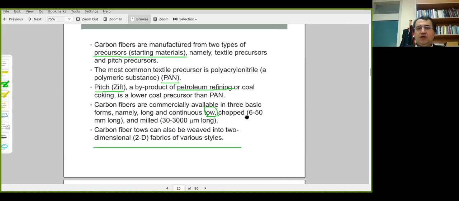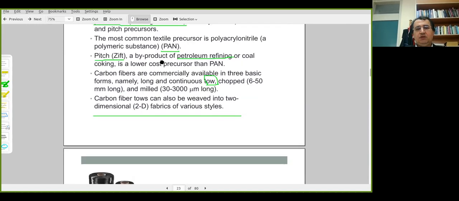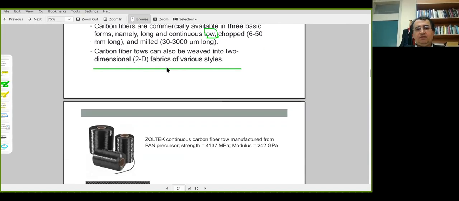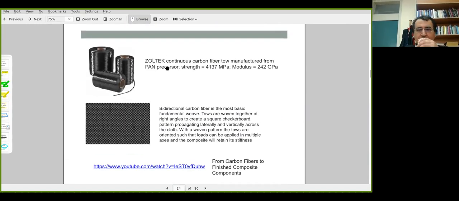Similar to glass fibers, you can find nonwoven or woven reinforcements for carbon. A sample material, a brand Zoltek, is shown here.